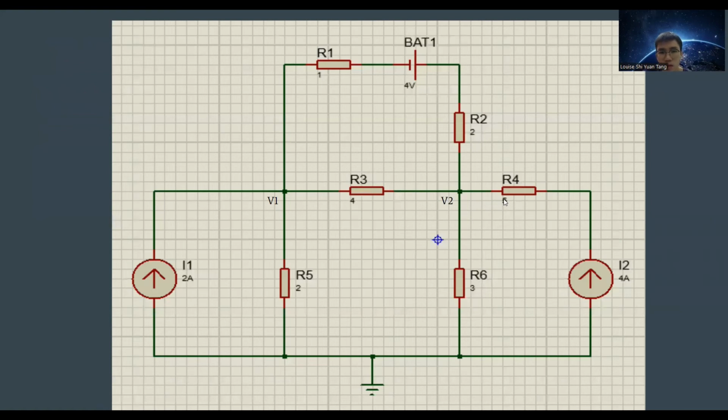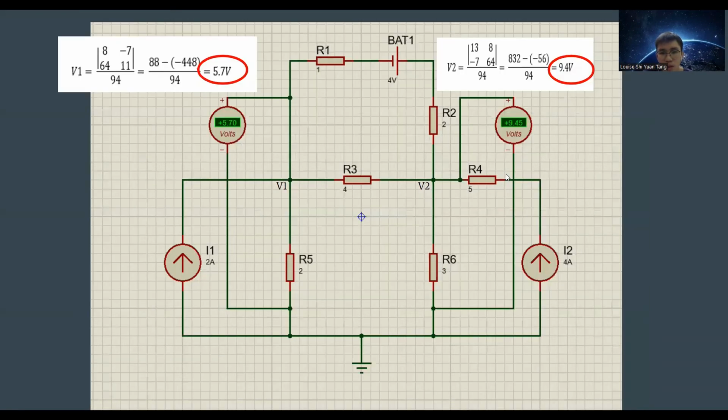This is the circuit that we drew in Proteus. R1, R2, R3, R4, R5, R6 are resistors, I1 and I2 are the current sources, and V1 is the battery. Now we need to measure V1 and V2, so we put a DC voltmeter here for V1 and a DC voltmeter here for V2.